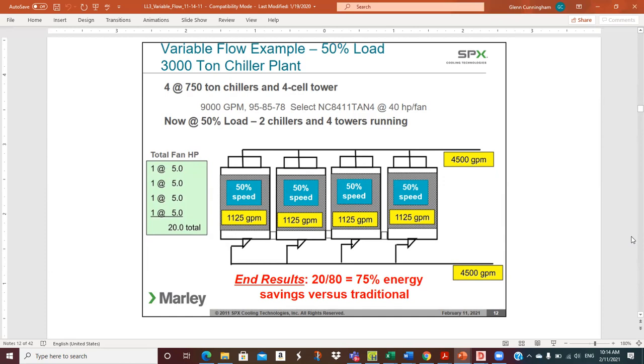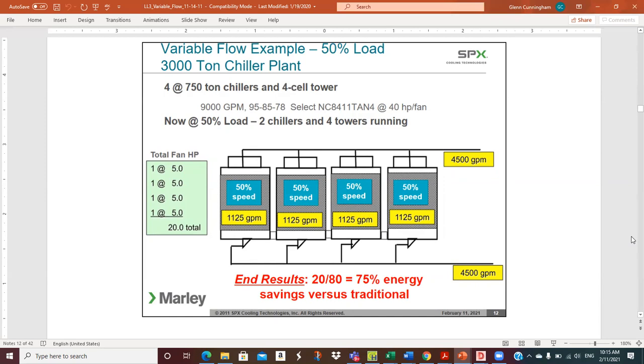At 50% load, the tower energy is 12.5% of the 40 horsepower. So that's 5 horsepower per cell, 20 horsepower. The way I would have done it with 2 chillers fully loaded, I would have run 80 horsepower. So that's a 75% energy savings versus the traditional way of operating.